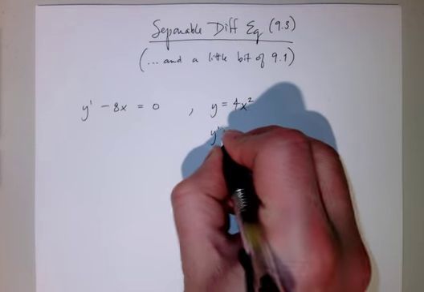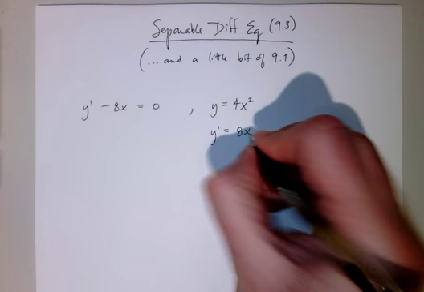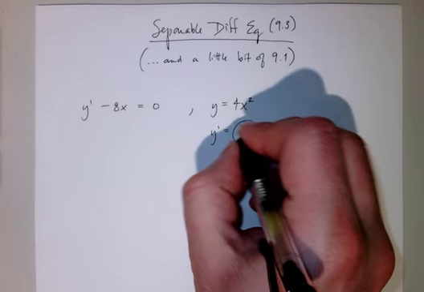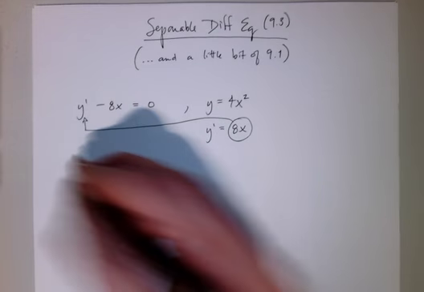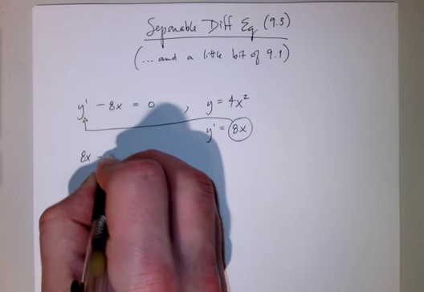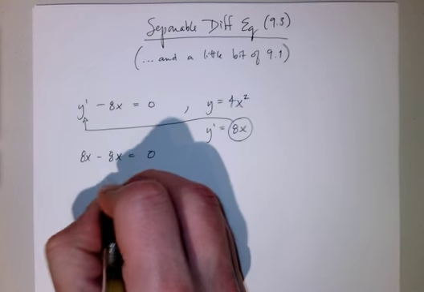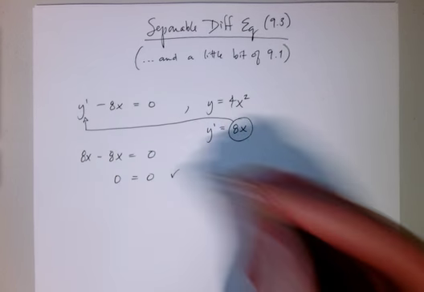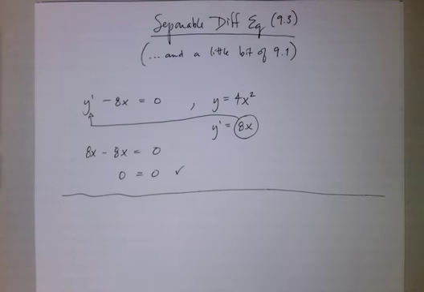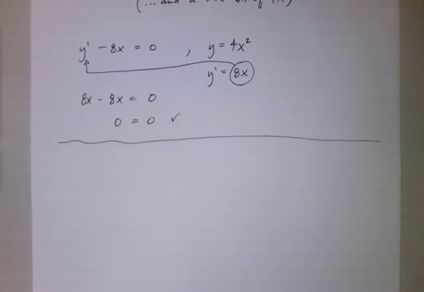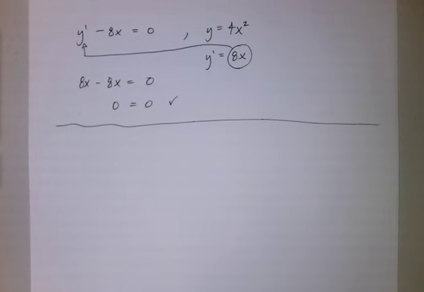All I need to do is take the derivative of this, and then I just need to substitute it in. And so 8x minus 8x is equal to 0. 0 is equal to 0, check. Okay, I have confirmed that y is equal to 4x squared is a solution to that differential equation.